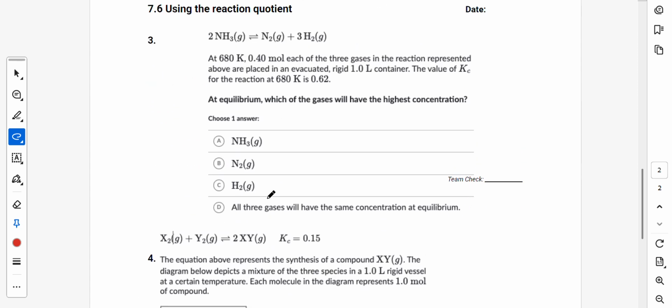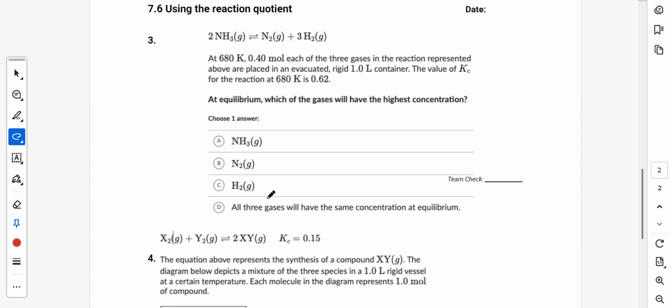Okay, number 3 for 7.6. Here we go. Ooh, I did an ice table. Did I end up using that ice table? Because that ice table is pretty intense. Let me just take a quick look here. I was trying to see why I got it wrong the first time, and it was because I switched the reactants and the products.